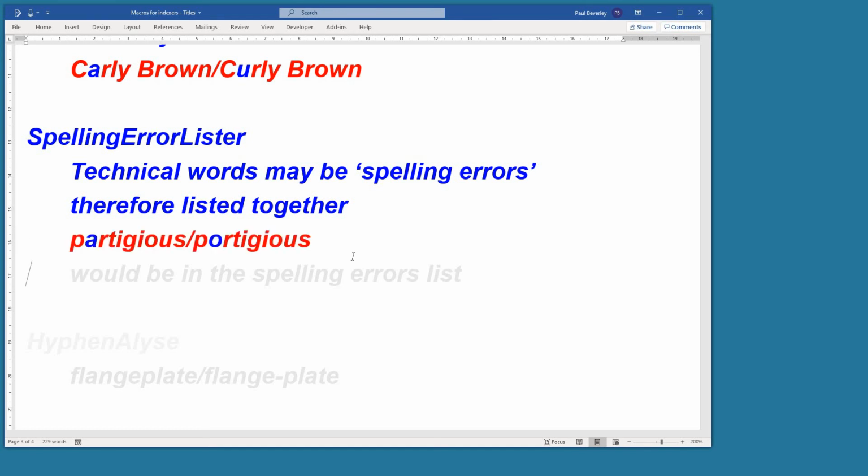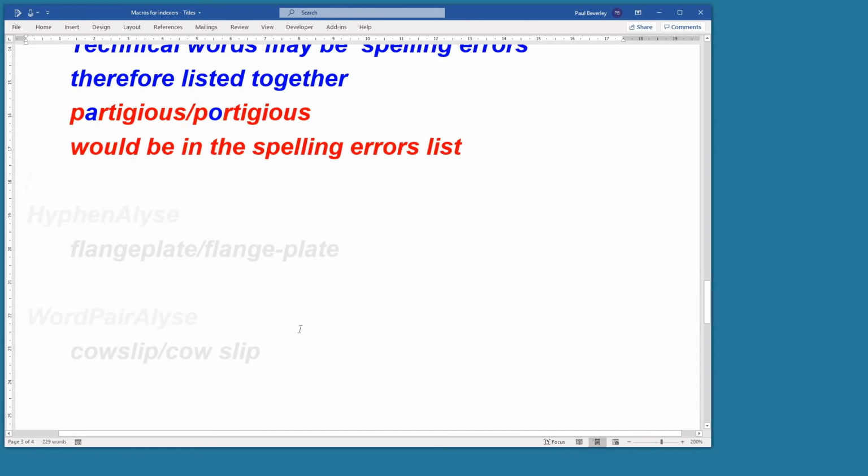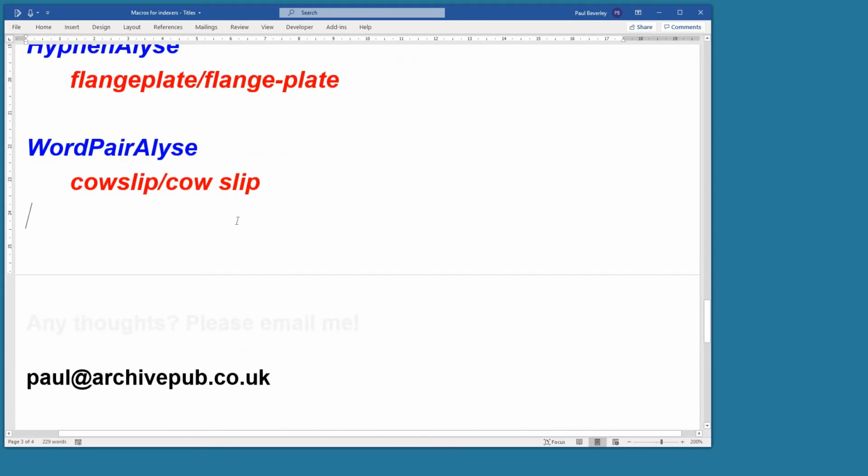And maybe it was two technical words like those, and they would be in the spelling error list, and so you'd be aware of them before you started generating the index. Hyphenalize, less sure that would be helpful, because flange plate, those two versions would at least come together alphabetically in the index, so you jolly well ought to spot those, and word pairalize will spot that two words or a single word.